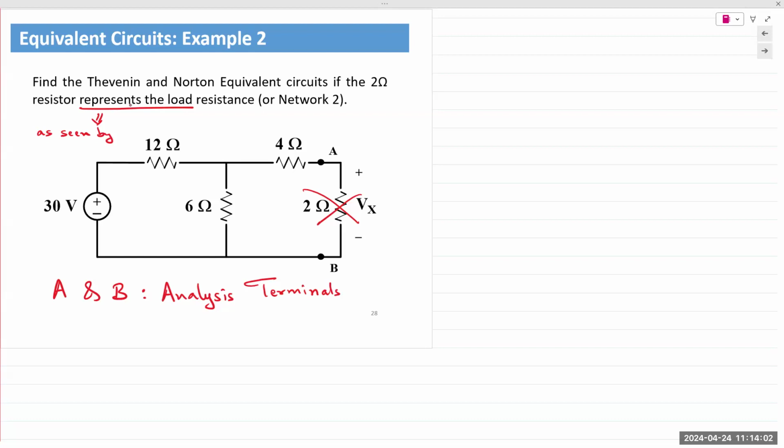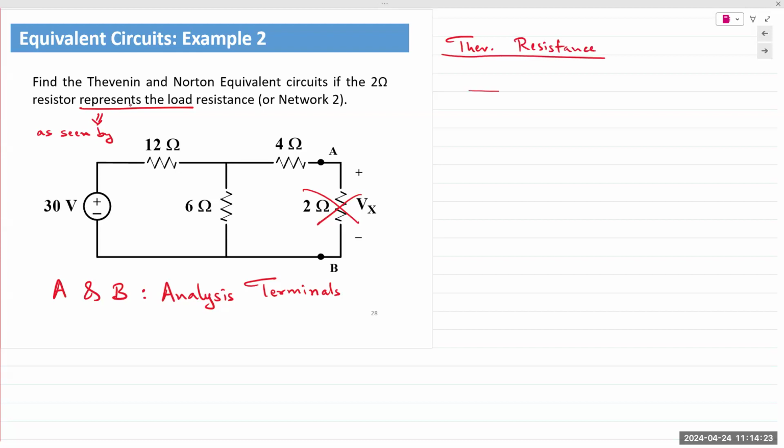So a short circuit wire goes in place of the voltage source. If there was a current source, it would be an open circuit. Same concept that we use for superposition. So your circuit should look like this for Thevenin resistance.